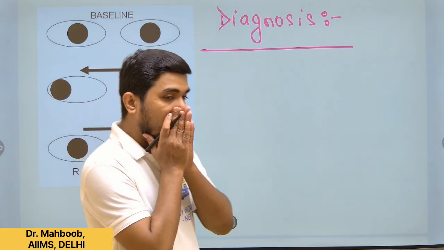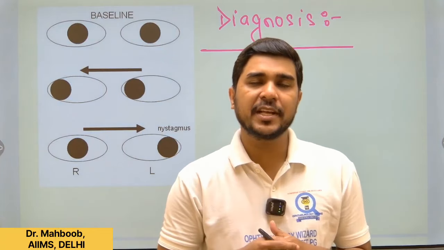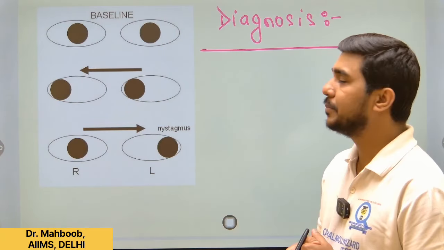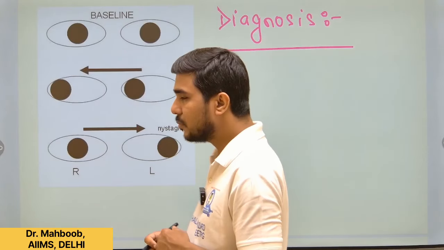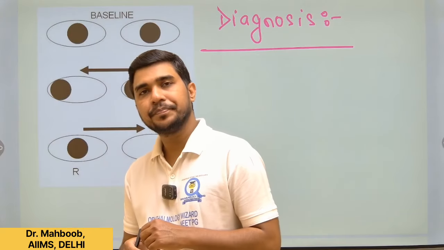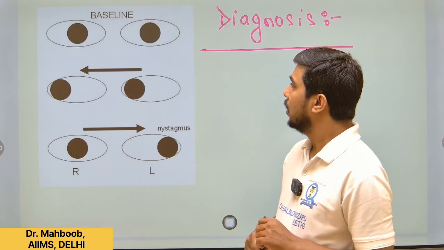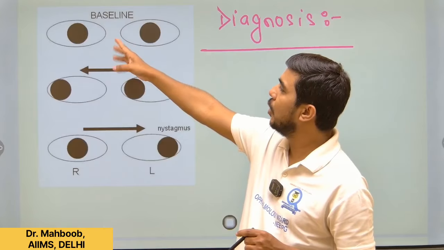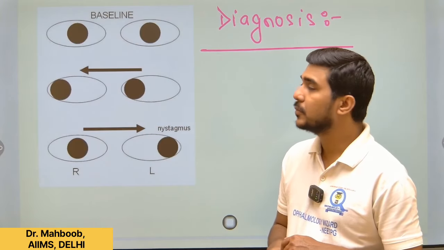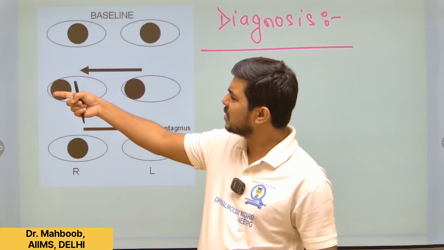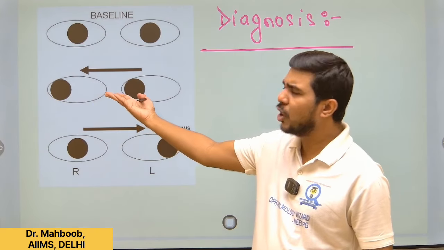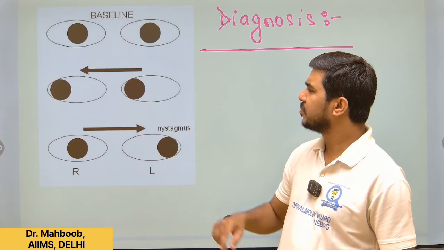Oh, the most recent question in the exam. It will be fun, let's understand it. At baseline, both of them are looking normal, and when the patient tries to look in this direction, normal, no problem.